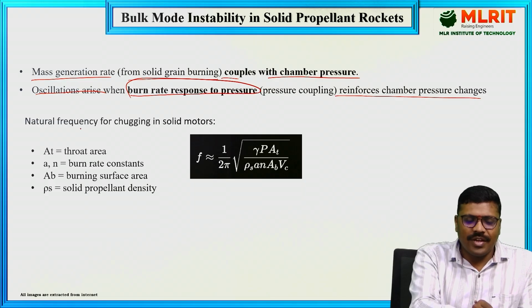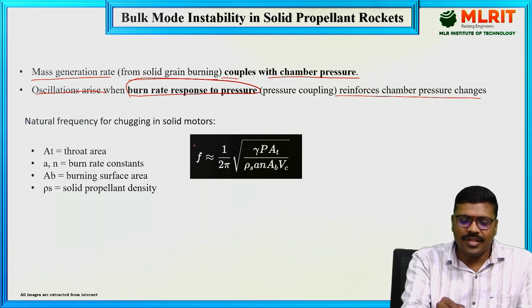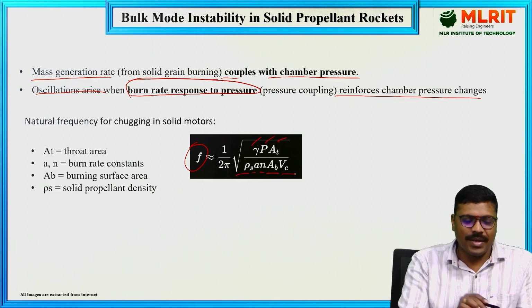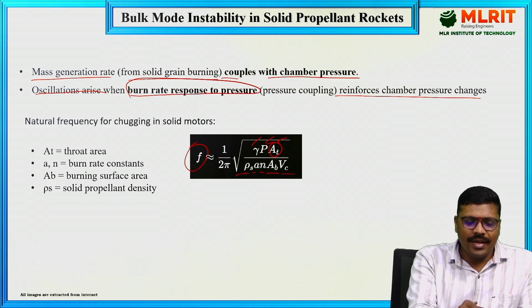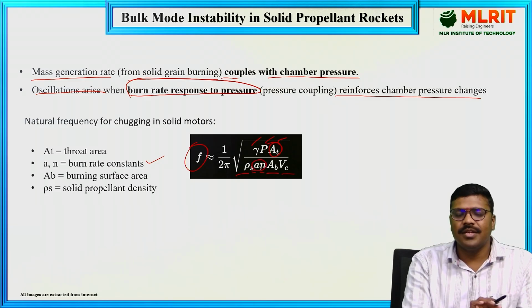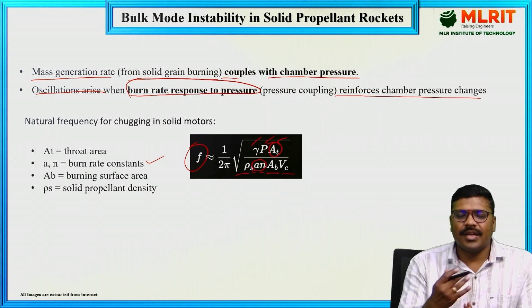The natural frequency for chugging in solid motors can be calculated with the help of this formula: f equals 1 by 2 pi times the square root of gamma P At by rho S a n Ab Vc. What are these parameters? At is the throat area. a and n are the burn rate constants, which depend upon the type of propellant grain, whether it is regressive, progressive or neutral.